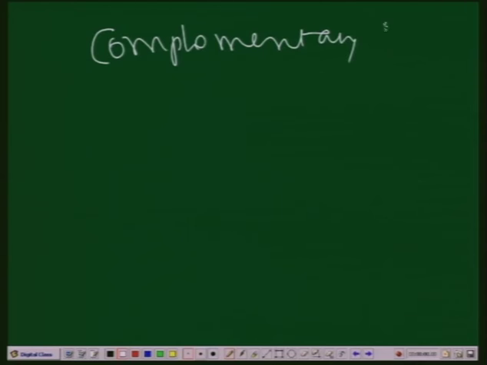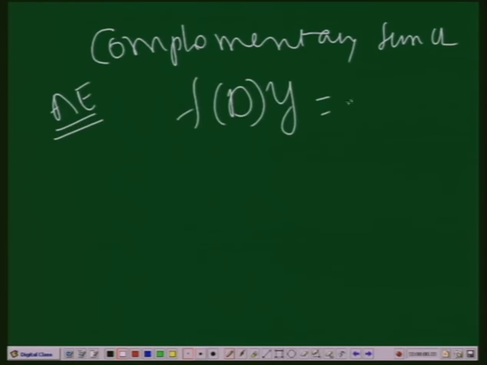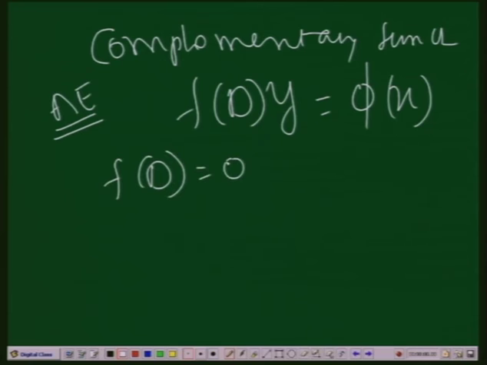As you know, depending on the nature of the roots of the auxiliary equation, if the given linear differential equation with constant coefficients is written in the form f of D of y equals to phi of x, then what is the auxiliary equation? f of D equals to 0, or fine, I can take it as m, f of m equals to 0. You have to find the roots of this auxiliary equation. Depending on the roots, we write the complementary function.